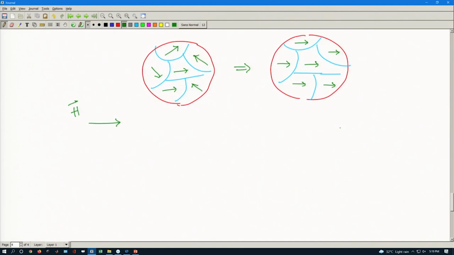So, under H, there are two ways it can align.